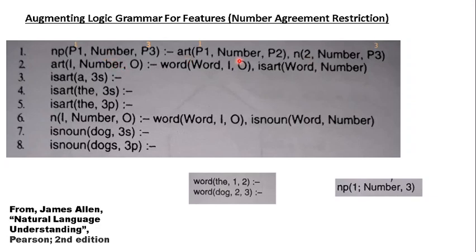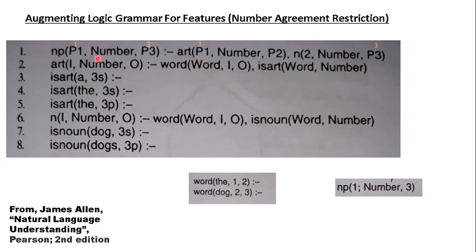Note that for all the constants on the right, that is article and n, we have the same number feature variable, which is also followed on the left-hand side of this predicate. So there is an explicit number feature agreement condition posted here. This completes the substitution on the first rule.